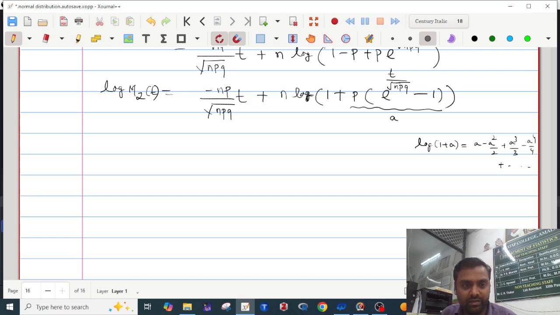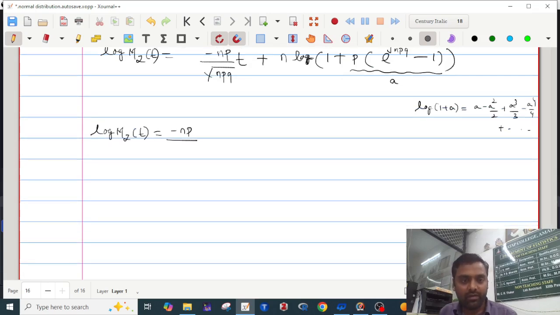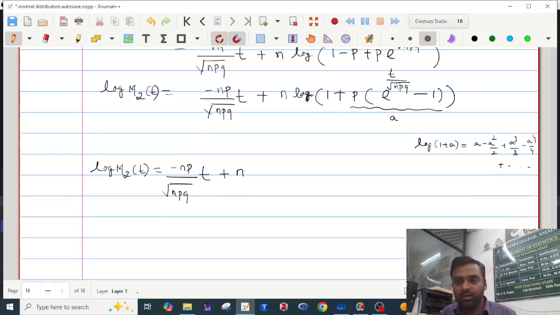So log of MZ of t equals minus np divided by under root of npq t, plus n times log of 1 plus a.